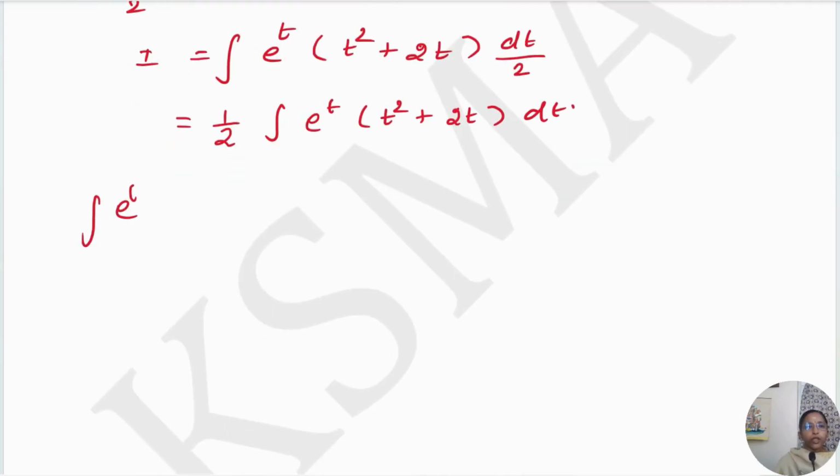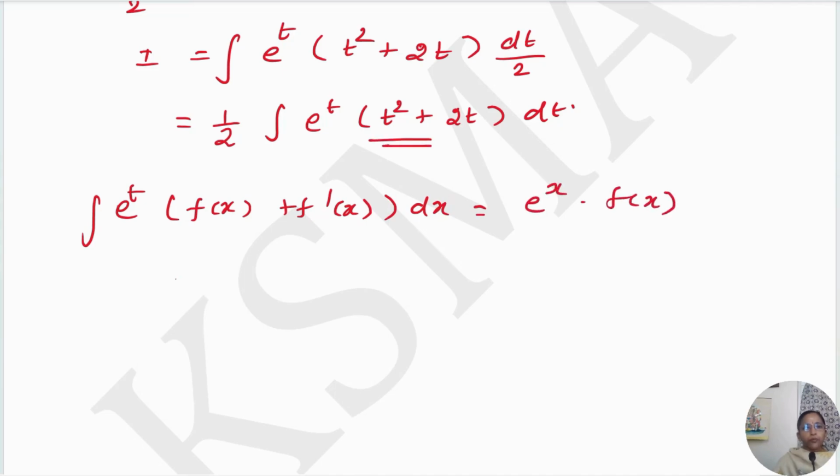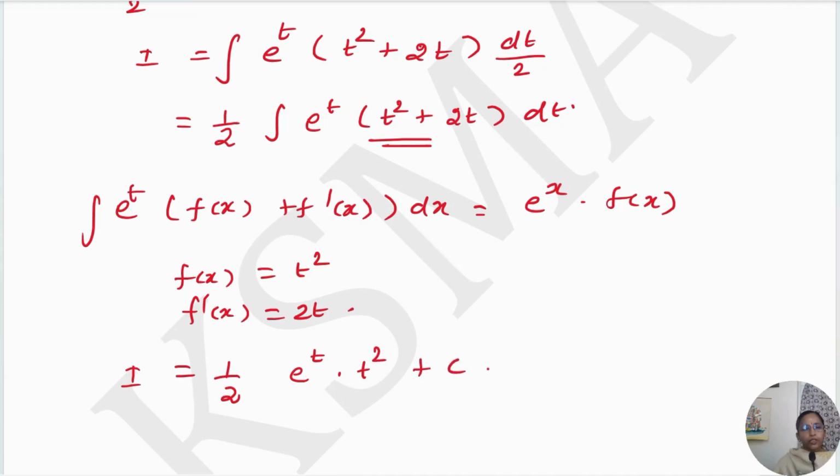Integration of e power x into (f of x plus f dash of x) dx is equal to e power x into f of x. Now look at here. So this term f of x is our t square and f dash of x is our 2t. So you can write your answer as 1 by 2 times e power t into t square plus c.